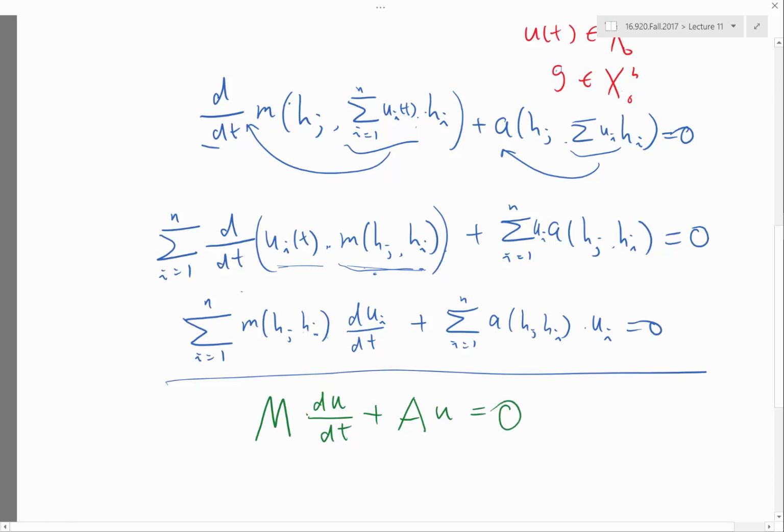You can see that A is just our old traditional matrix A, the same A we use to solve the Poisson equation. A is the bilinear form that discretizes the second order derivative. I get another bilinear form M. It's a different bilinear form, and that is multiplied on top of this time derivative.